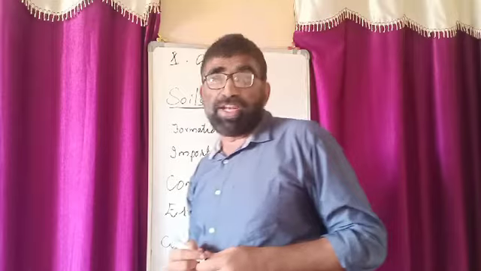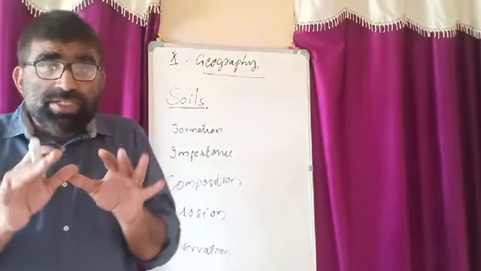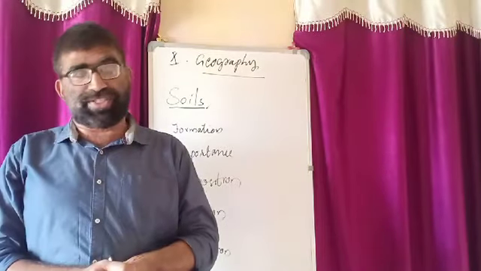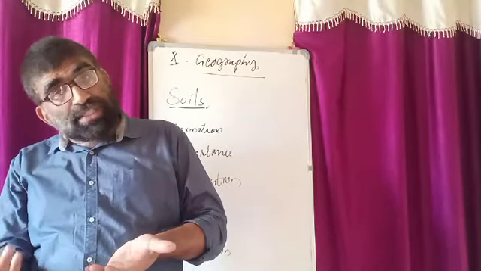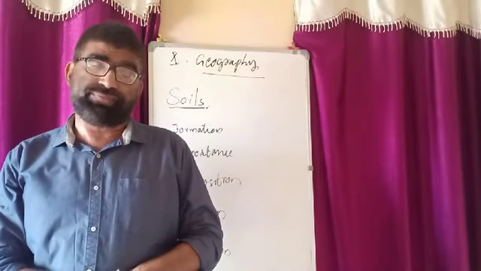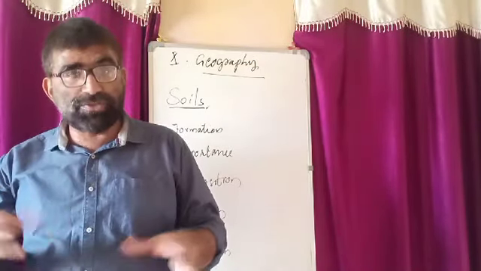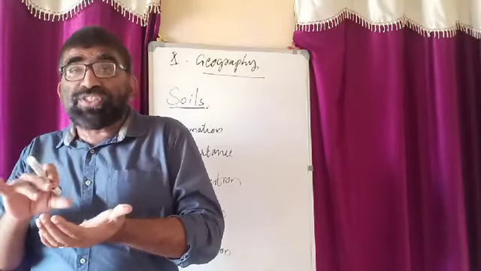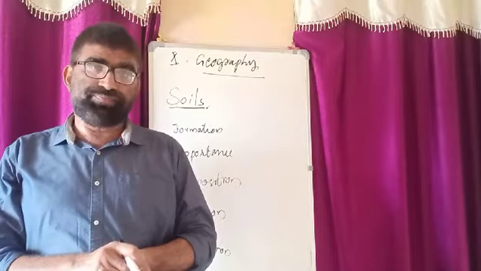The next one is parent rock. The soil is formed by the disintegration of the rocks. The rock from which a particular soil is formed is known as parent rock. And the soil shows the characteristics of the parent rock.